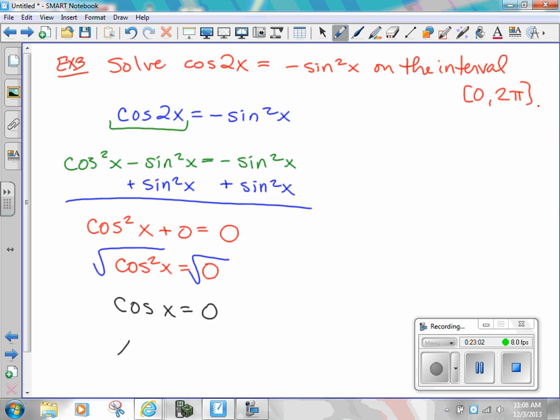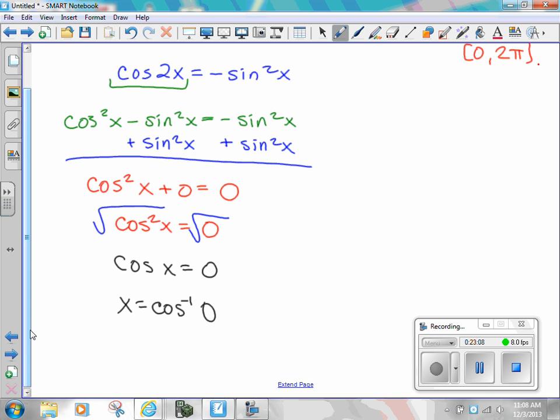Inverse cosine, look at you. Is this feeling a little comfortable too? I need the angle whose cosine value is 0. It's either going to be 90 or 270. Am I in the land of degrees? Not really. Pi over 2 and 3 pi over 2.